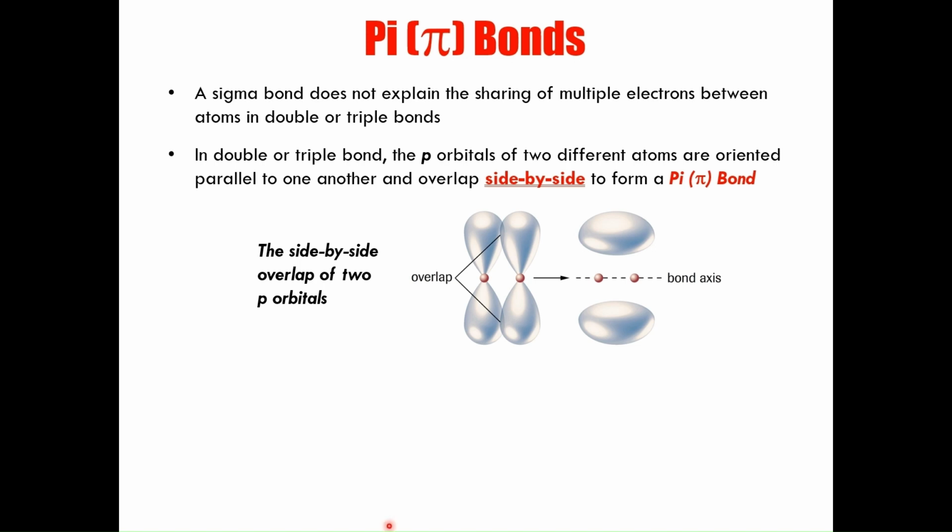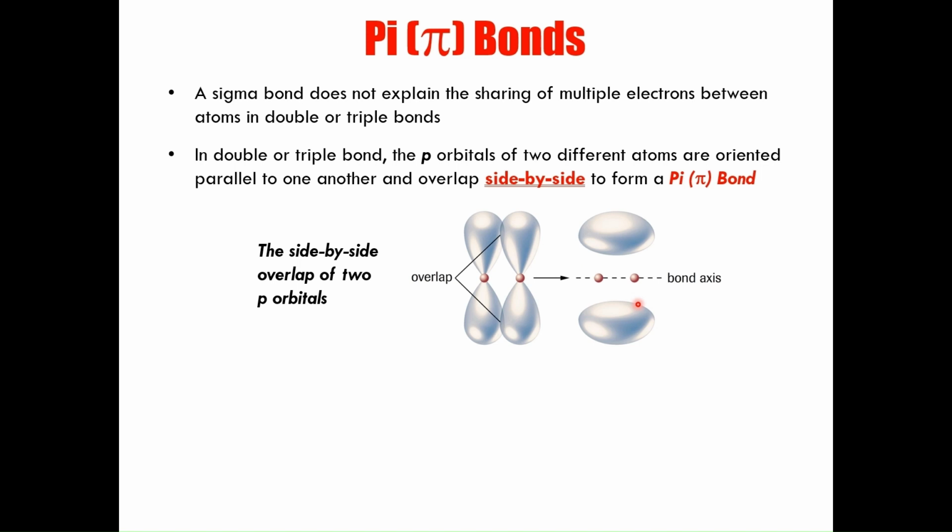This image here shows the p orbitals of two separate atoms that overlap side by side to create pi bond orbitals above and below the bond axis.